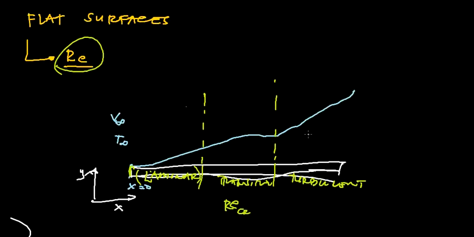The transition from laminar to turbulent flow will depend on what factors. We have different factors like the surface geometry. What is the geometry of this flat surface? Second, we need to consider the surface roughness.